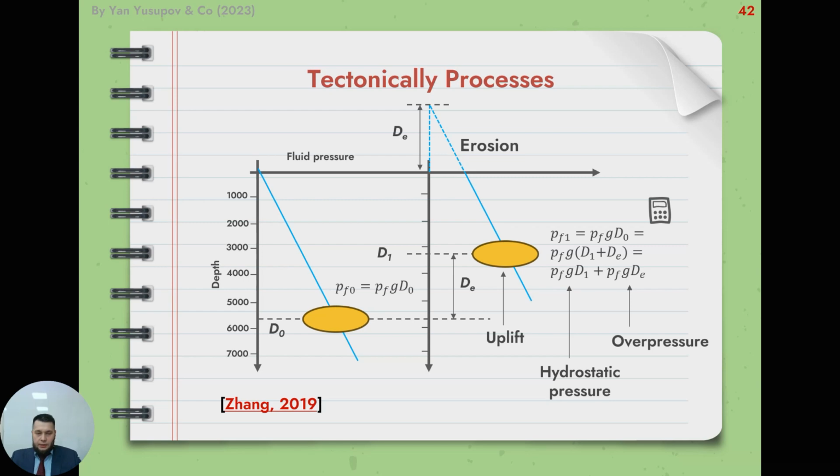If the sand uplifts to any depth, for example D1, that saved overpressure that was on depth D0 is saved on new depth D1.